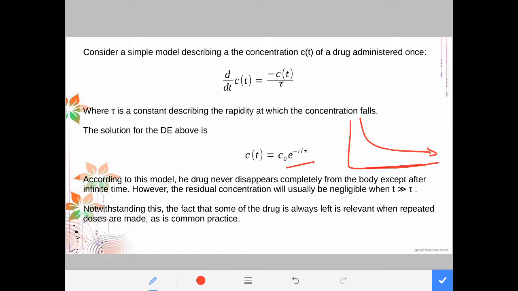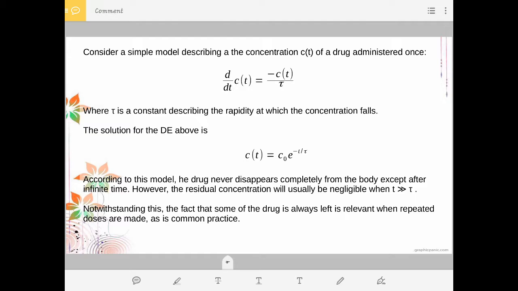And that's also one of the reasons why there are many models that are continuously being developed, because they are improving upon previous models, which usually do approximations only. Now, since the drug never completely disappears according to this model, we have a residual concentration.